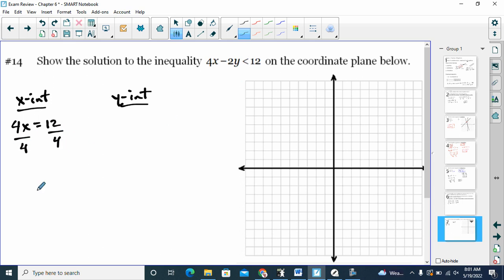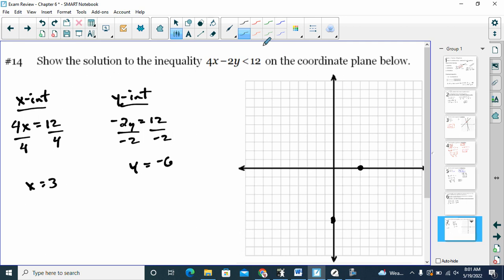Dividing both sides by 4, I get x equals 3. My x-intercept is 3. It needs to cross the x-axis at 3. Y-intercept, we do the same thing, but we put in 0 for our x. Gives me -2y equals 12. And I get y equals -6. 1, 2, 3, 4, 5, 6.